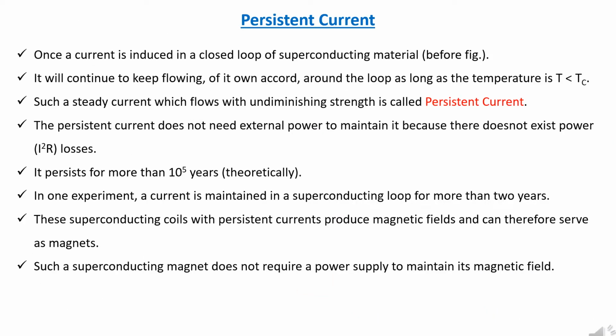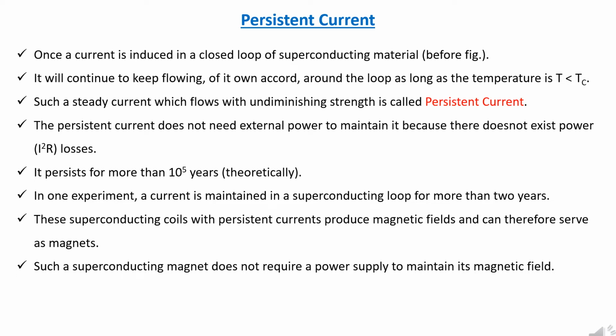Now we will discuss persistent current. Once a current is induced in a closed loop of superconducting material, refer to the previous figure, it will continue to keep flowing, of its own accord, around the loop as long as the temperature is less than the critical temperature.